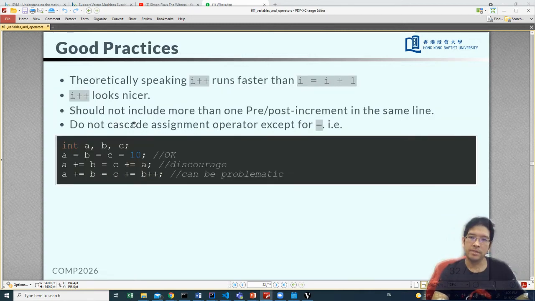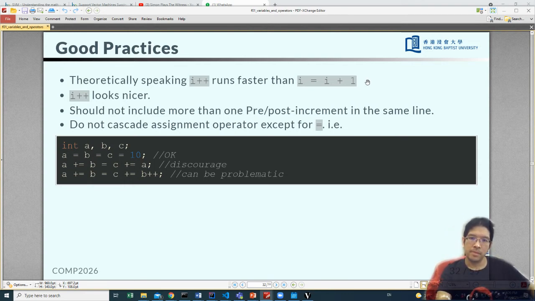As a good practice, post-increment or decrement is useful and theoretically runs faster than I equals I plus 1. And also, I plus plus looks a little bit nicer than this line. So you can try to use I plus plus or plus plus I whenever possible.